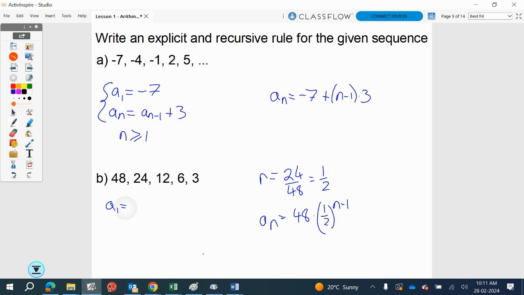Recursively, we've got A1 is equal to 48, An is equal to A(n minus 1) times a half, and n is an element of the set of positive integers, which goes from 1, 2, 3, 4, 5.